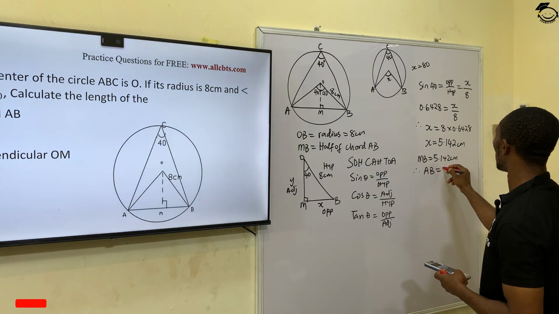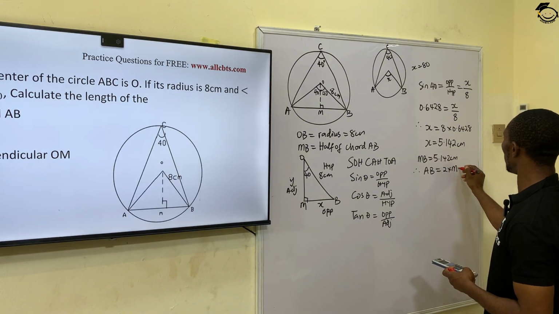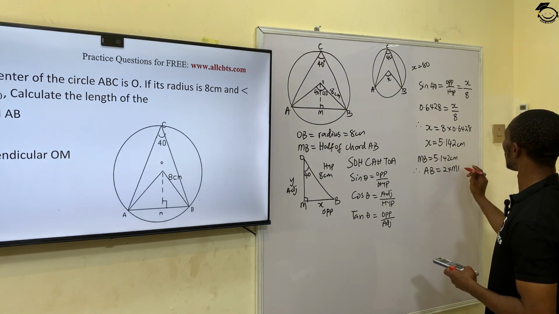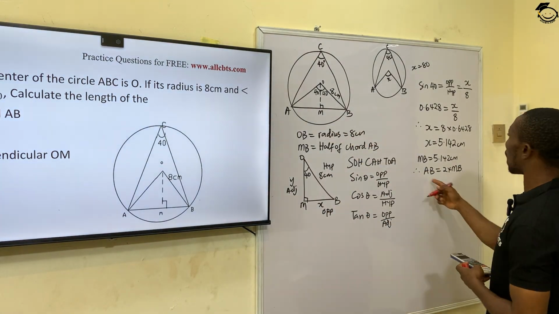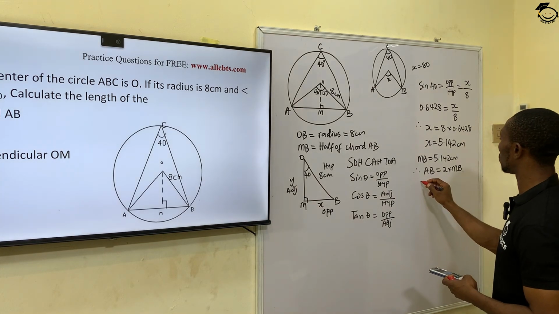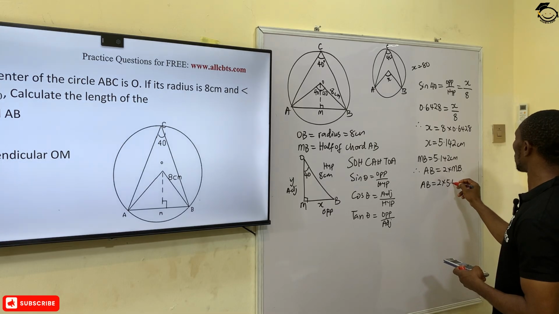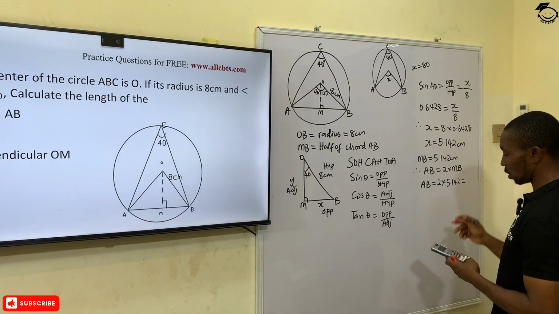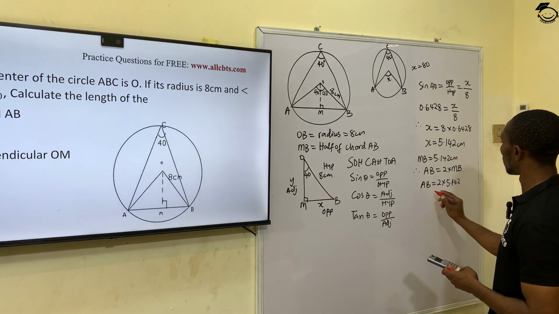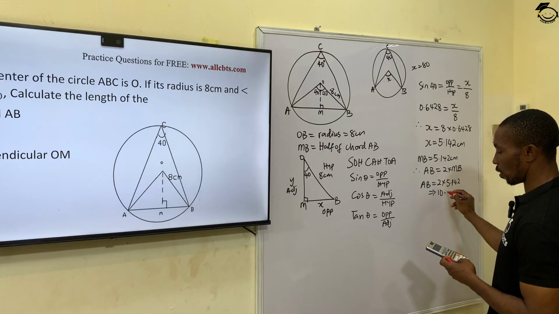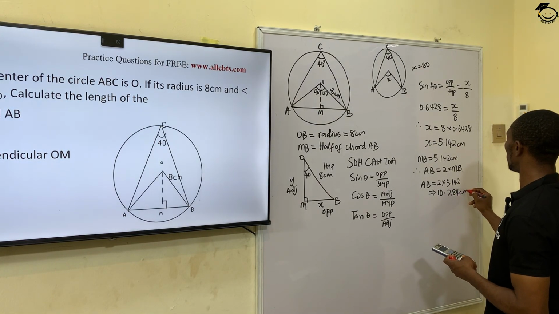So therefore, AB would be 2 times MB, since MB is half of AB. So our full length will be 2 times our MB. Therefore, AB equals 2 times 5.142, which will give us 10.284 centimeters.